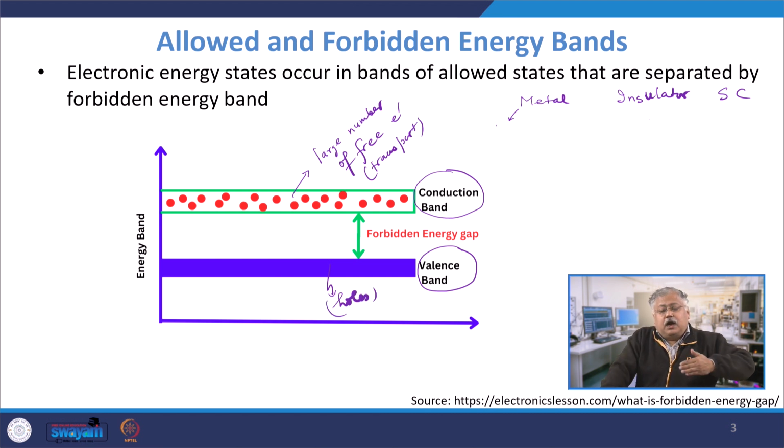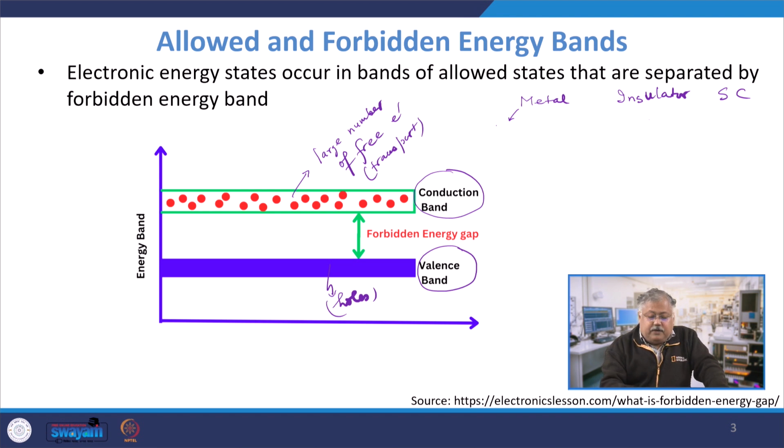So if there are 100 electrons being created in the conduction band, there will be 100 holes available in the valence band, which means that if you are not doping and you are just supplying energy such that electrons can go from the valence band to the conduction band, you will be generating an equal number of conduction band electrons and valence band holes, such that the electrical neutrality of the system is not lost.